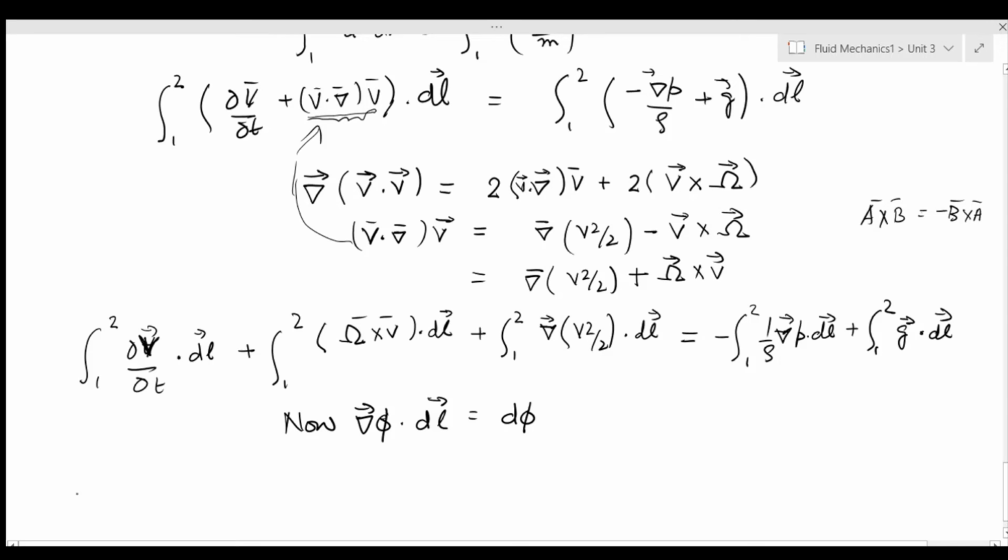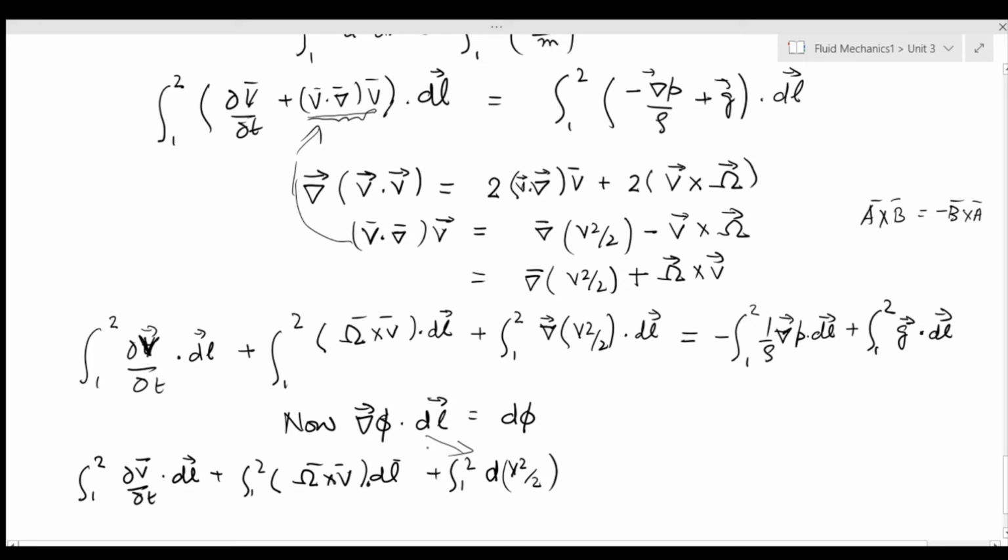Using that, let us see what modifications I can have. Del V by del T dot dl plus integral 1 to 2 of omega cross V dot dl plus integral 1 to 2 of d V square by 2. I have used this relation here.